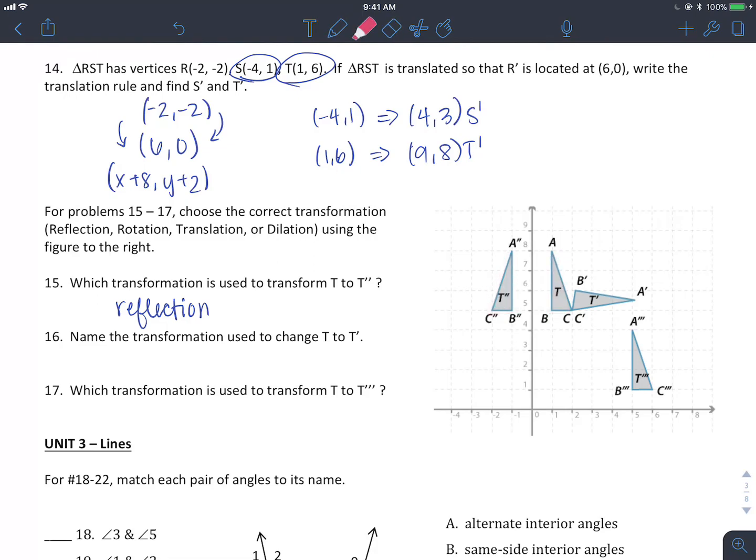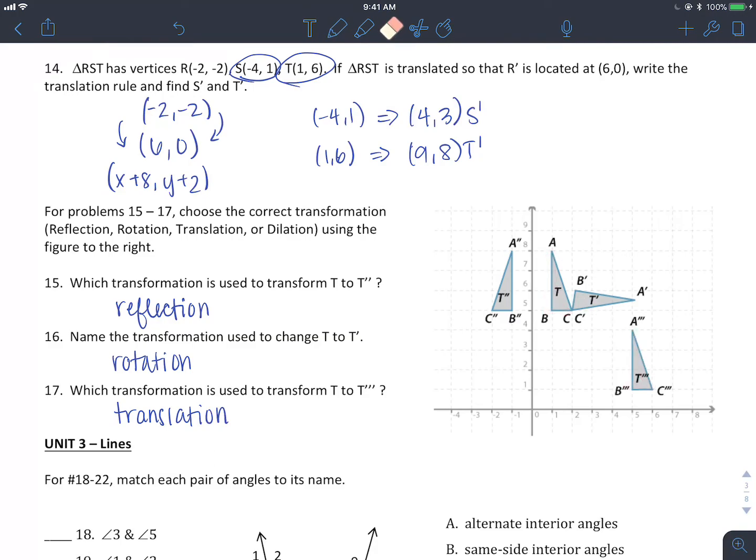Then we're going from T to T prime. That one's going to be a rotation. And then we're going to have from T to T triple prime. Since it's still facing the same way, that one is just going to be a translation. So it's like a slide.